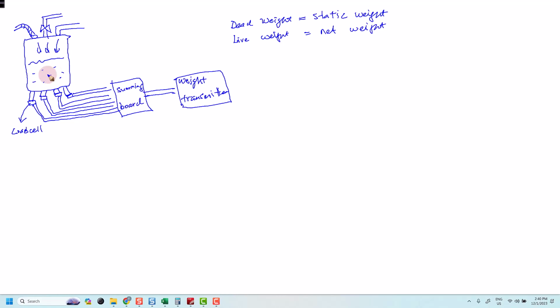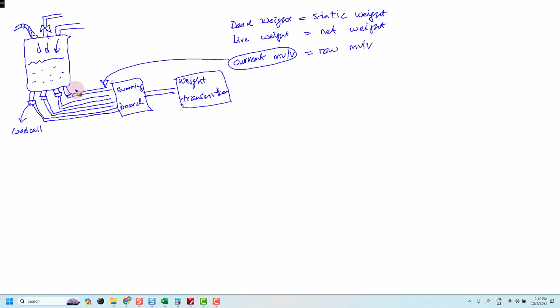So what is the meaning of current millivolt per volt? The transmitter will measure the current millivolt per volt as well as the live millivolt per volt. Current millivolt per volt is the raw millivolt per volt generated by each load cell, based on the weight applied to the load cell.